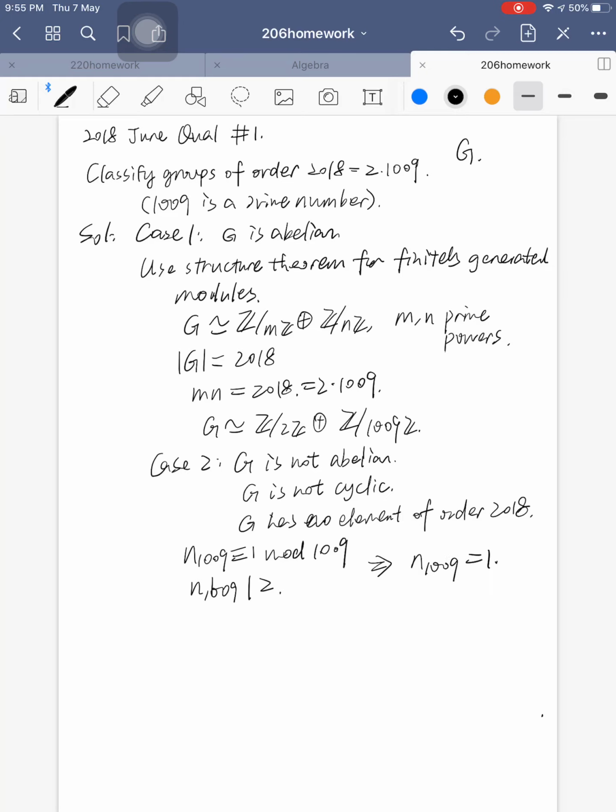So the Sylow 1009 subgroup is normal. Call it H. And since it is a subgroup of prime order, it should be cyclic.